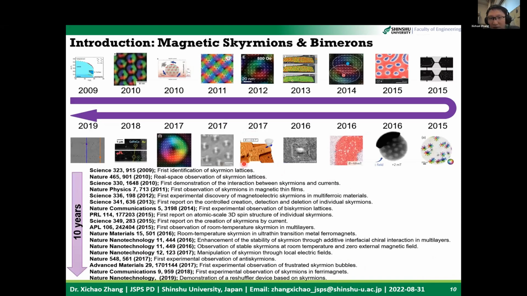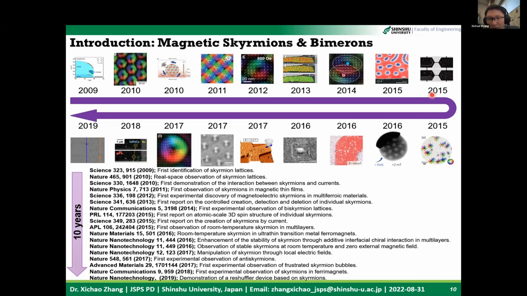Okay, so since the first observation of skyrmions in 2009, the magnetic skyrmion has been a very hot topic, and more groups have joined this field of study. Basically, the field focused on skyrmions at low temperature and high magnetic field.